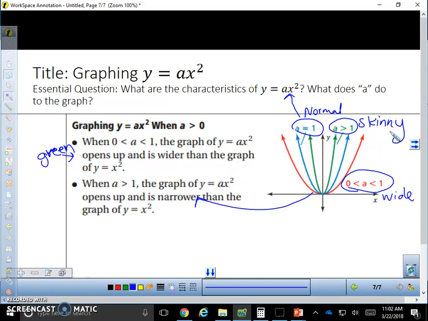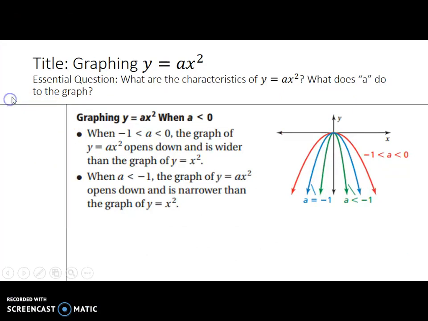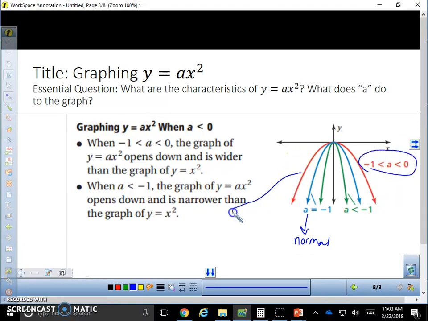Now, we also need to look at what happens when a is negative. It just flips it. It reflects it by flipping it. Still symmetry, still has that vertex. Here's your normal when a is negative. Now, when a is between -1 and 0, it still gets wide.